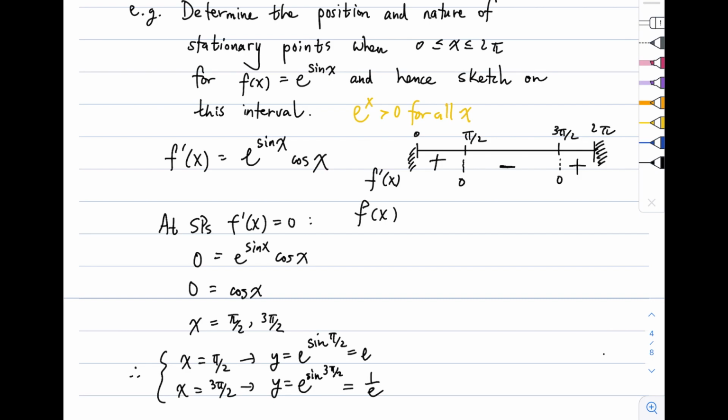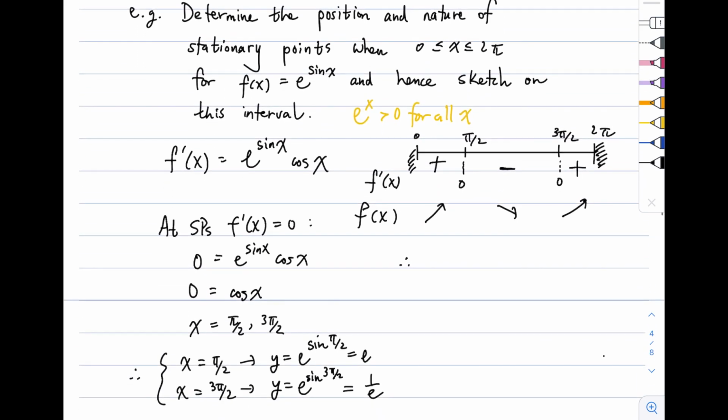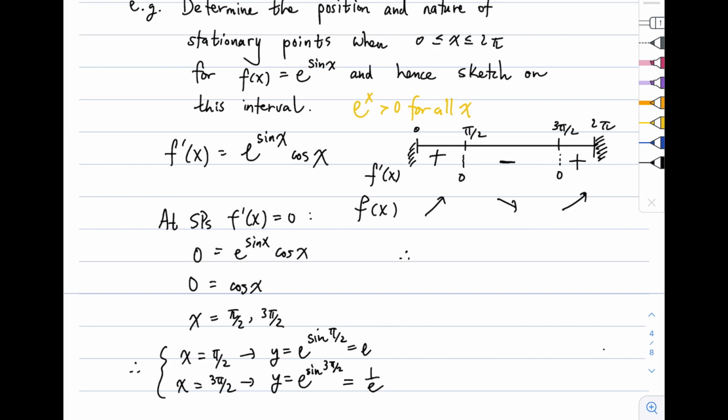This means that our function is increasing, decreasing, then increasing. Therefore, we can say that our first coordinate pair, pi over 2 comma e, is a local max. It's a local max because if we look around pi over 2, the function is increasing, then decreasing.